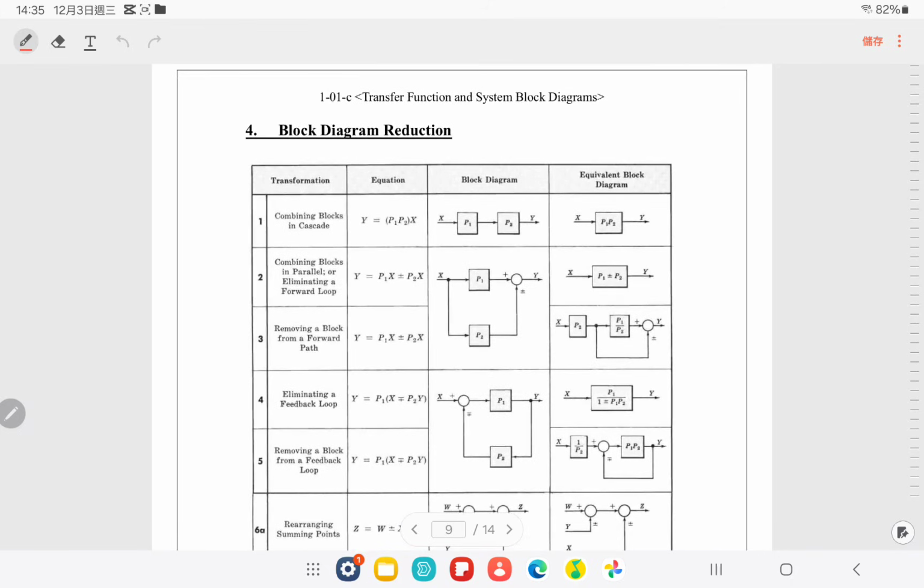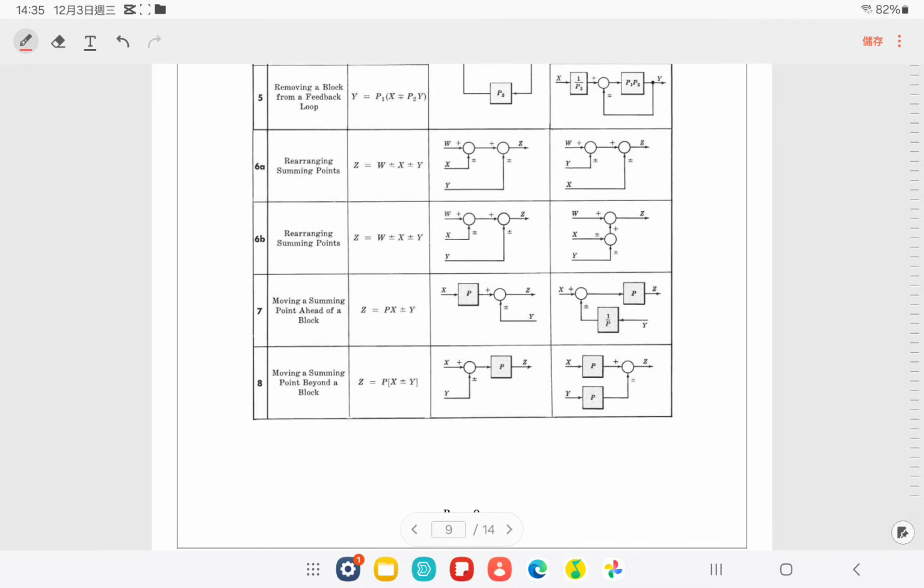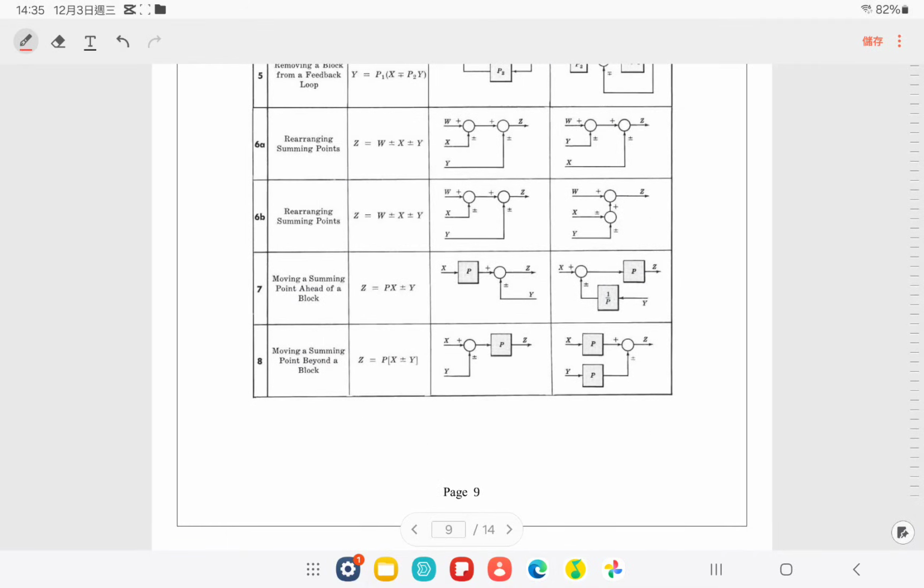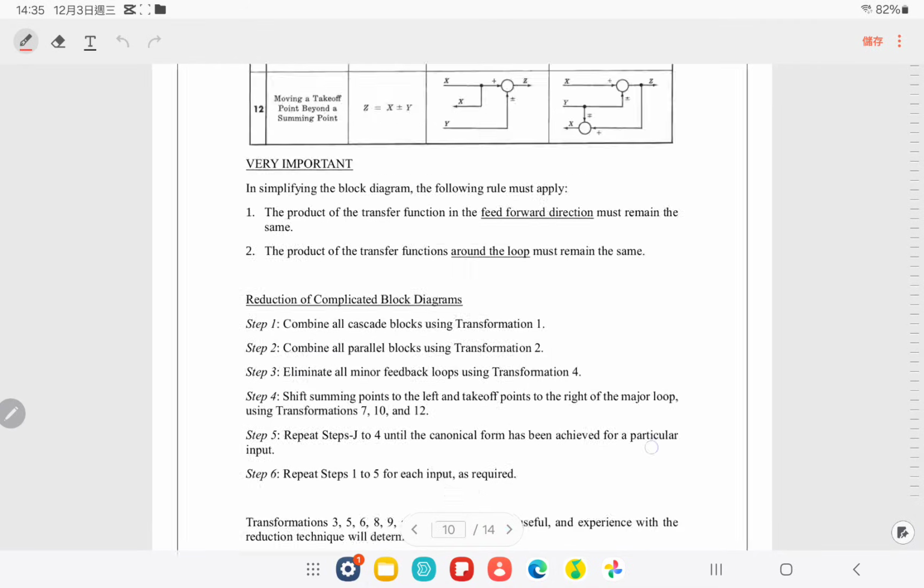Right, so block diagram reduction, I tell you, very important. No need for me to tell you. Every year there is one question on this one. So you better study block diagram reduction, all these things, all the rules.